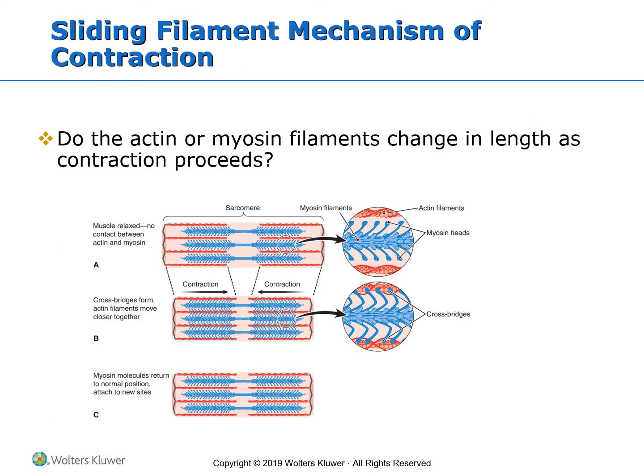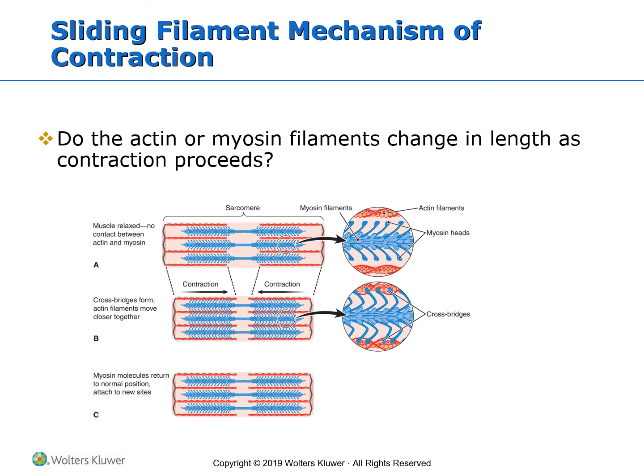So you can see here how the sliding filaments are contracting. What's the mechanism of contraction? In the image labeled A, you can see a sarcomere when it's relaxed, and you can see how the thin filaments are the actin and the thick ones are the myosin.